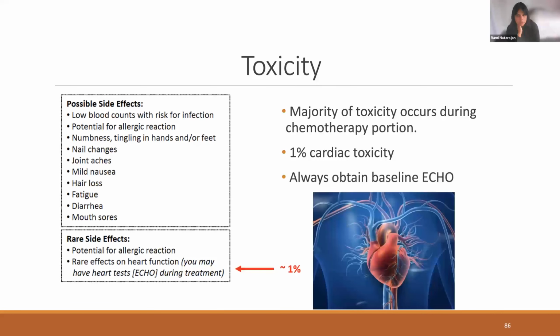There is a small risk of cardiotoxicity, but we always obtain a baseline echo and then monitor either by echo, depending on availability, every 3 to 6 months, or by clinical status, ensuring that the patient doesn't have signs or symptoms of heart failure.